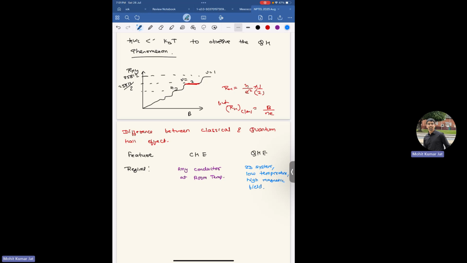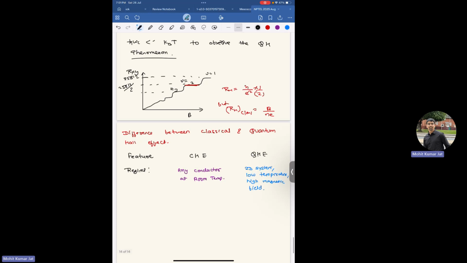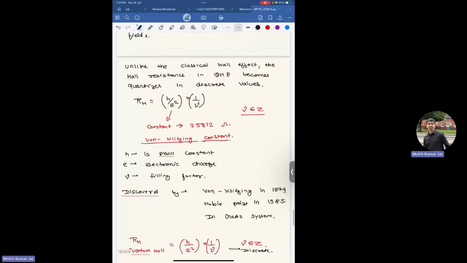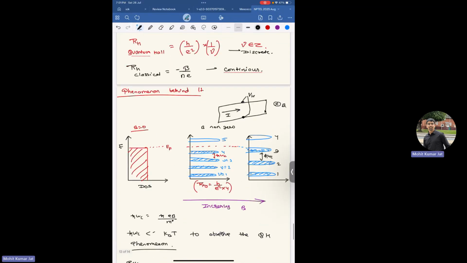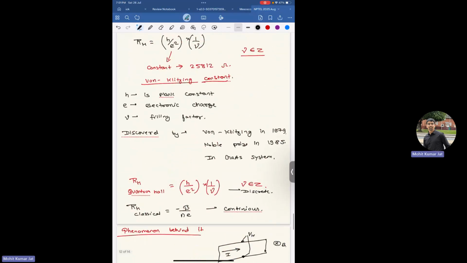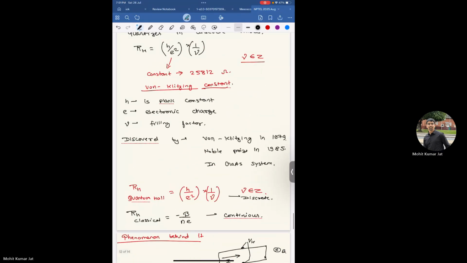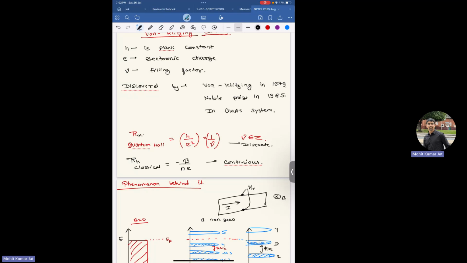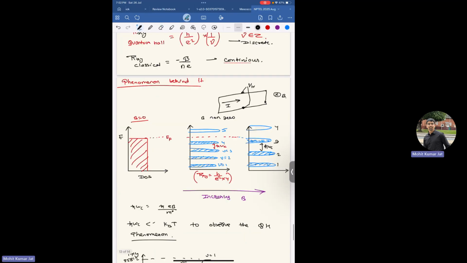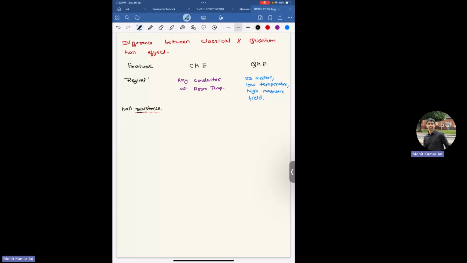Now, another subtle key difference is Hall resistance, which is the Rxy.